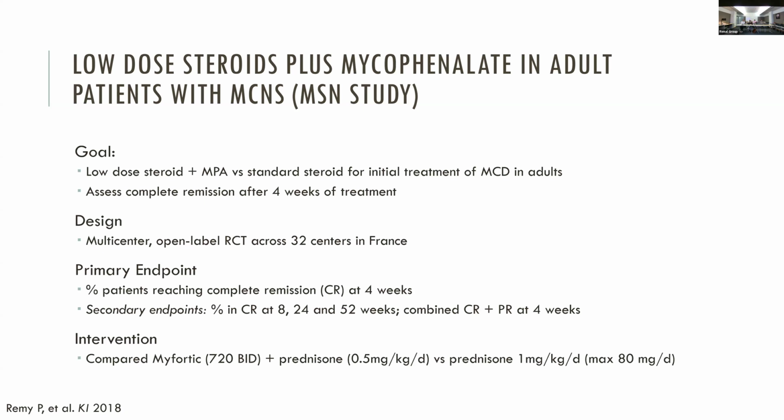This was a multi-center randomized controlled trial across France, looking at low-dose steroids and Myfortic versus standard steroids, looking for complete remission after 4 weeks of treatment. The primary endpoint was the percent of patients reaching complete remission at 4 weeks, and secondary endpoints were complete remission at 8, 24, and 52 weeks.